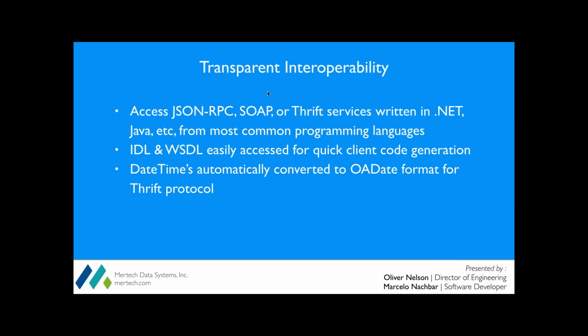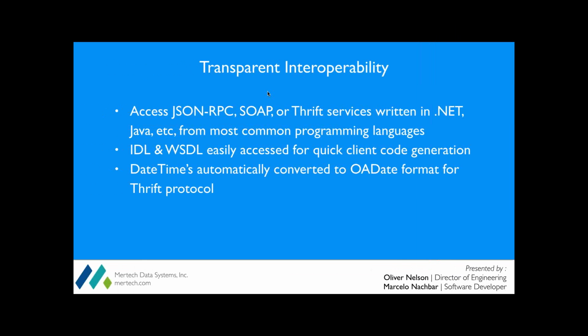One of the other things that really is a benefit with Evolution is support for date times. So Thrift doesn't really have any sort of built-in way of handling date times. Various implementations have done different things for how they implemented it. Whereas in SOAP and JSON RPC, we have a very standard way of handling date times with ISO 8601 based dates.